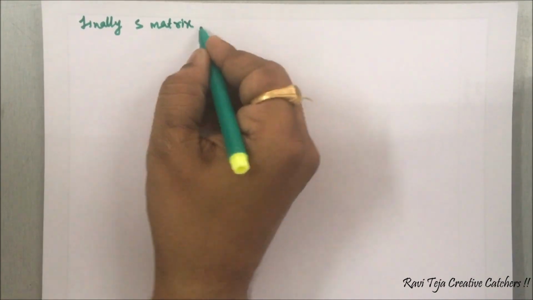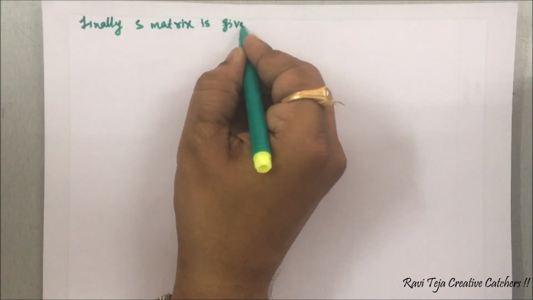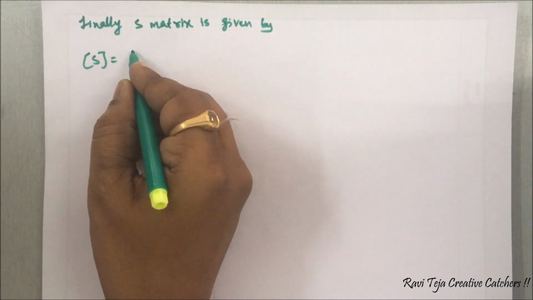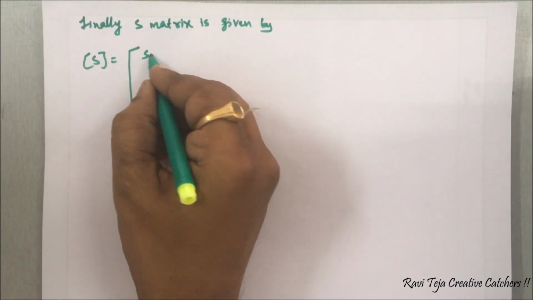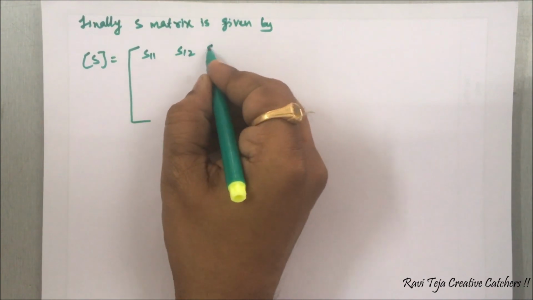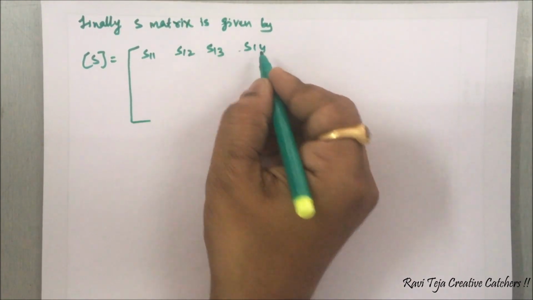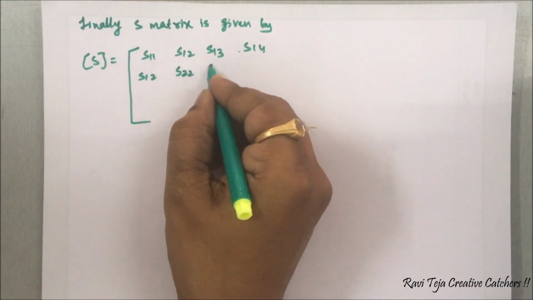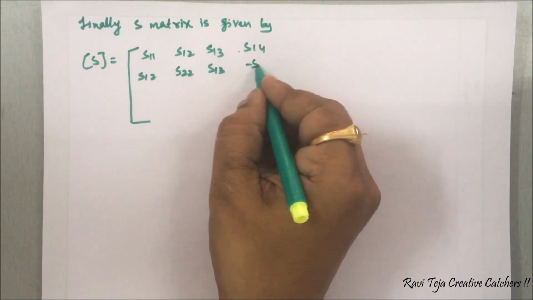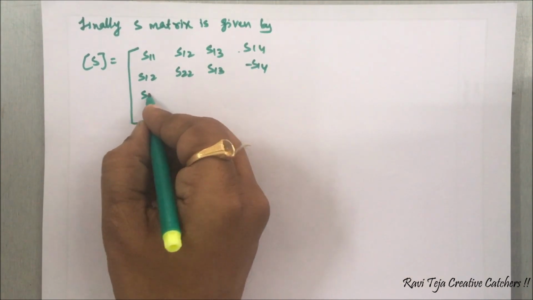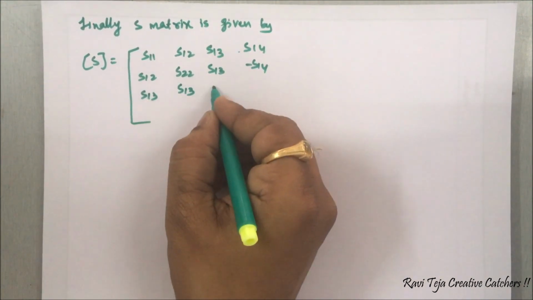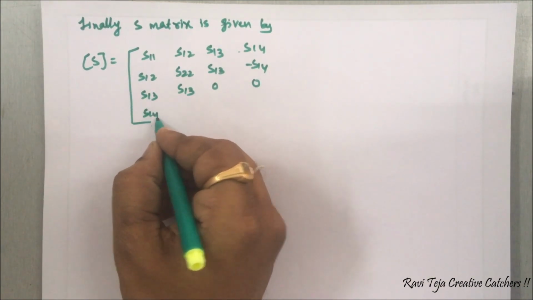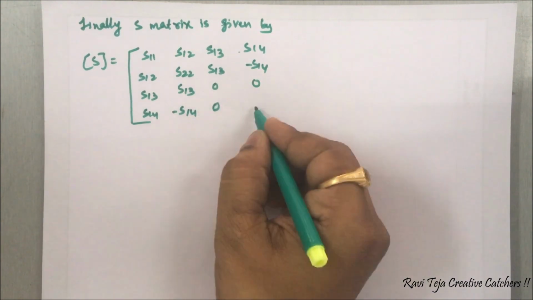So finally, S matrix is given by S is equal to: S11, S12, S13, S14; S12, S22, S13, minus S14; S13, S13, 0, 0; S14, minus S14, 0 and 0.